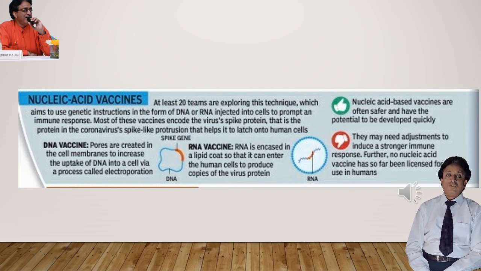Sometimes the RNA is inserted into the human body directly, and the human cells act according to the instructions of this DNA or RNA of the coronavirus and start forming these spike proteins. Once these spike proteins are formed, the human body starts mounting a response against them, and this immunological response is able to protect the human body from the attack of the coronavirus.